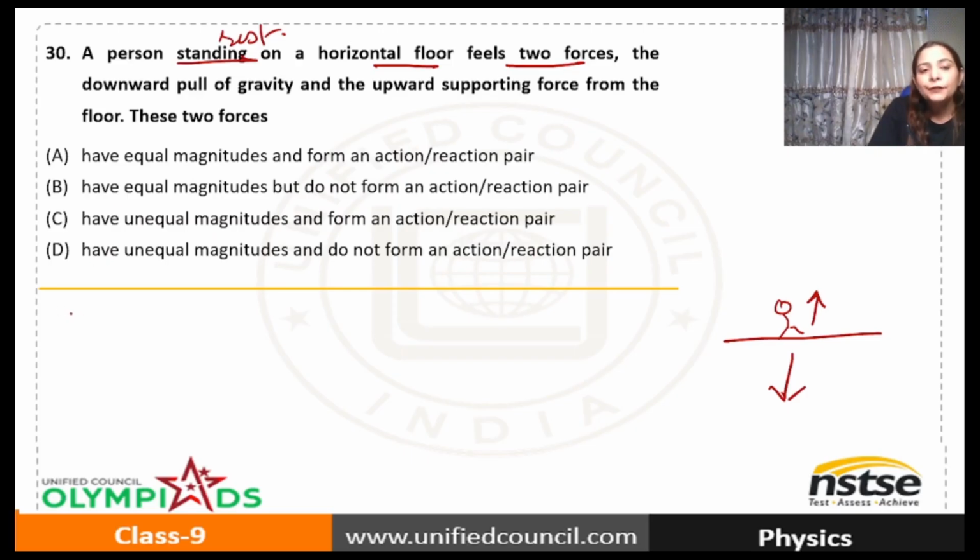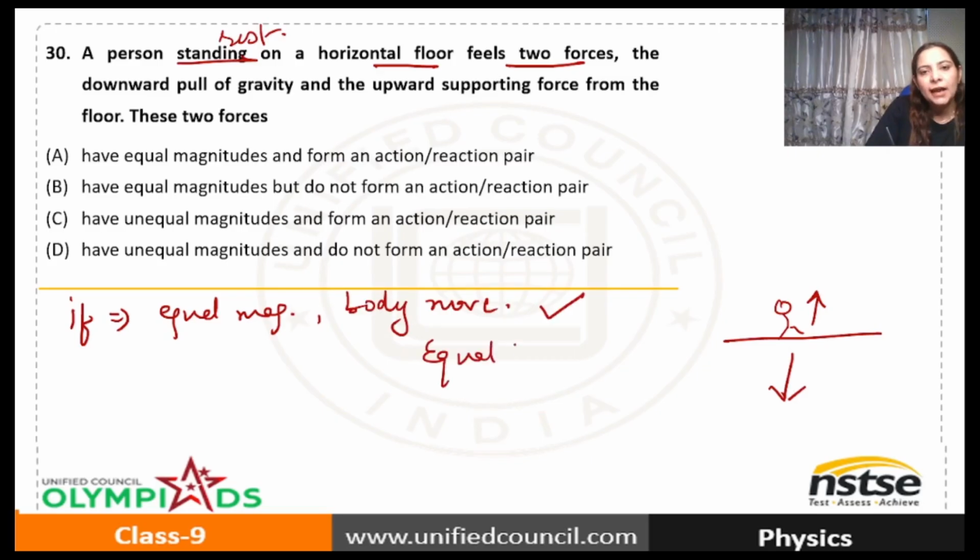We know that if two forces are acting with equal magnitude, they don't make the body move. Now here a man is stationary, so obviously the forces acting on it are of equal magnitude.